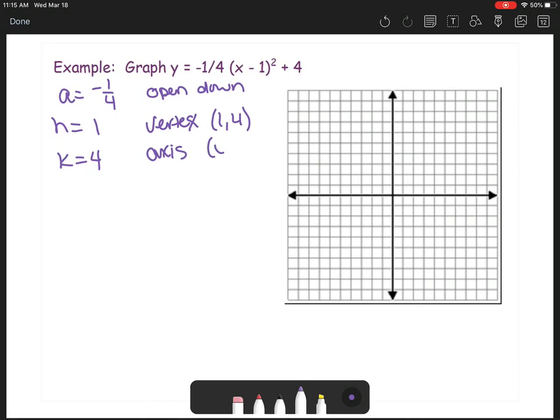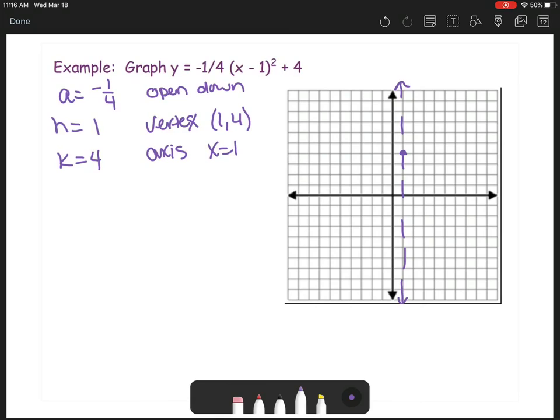Our axis of symmetry is x equals 1. And we can put that on a graph. There's x equals 1. Remember, your arrows are super important here to indicate that this keeps moving as far as we can graph.